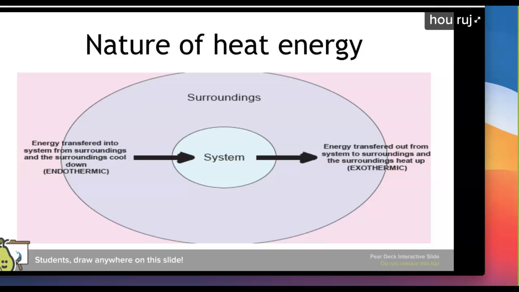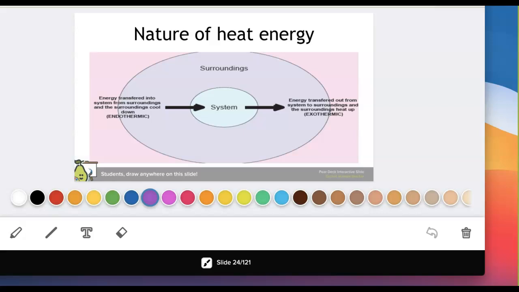So when we talk about heat in a system, the system is usually the experiment or the thing we're focusing on, and the surroundings are us, everything around the experiment. If heat moves into the system and away from us, into means endothermic, and that feels cold to us because we are the surroundings.